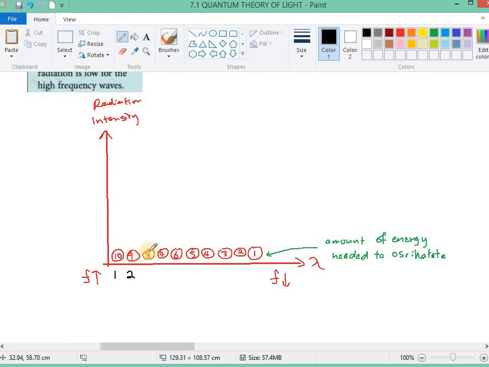And then the particle that gets 8 joule, you have 3. This one 7 joule, you have 4 particles. You have 5 particles that get 6 joule. 6 particles that get 5 joule, and so on. So that means the particle that gets a little bit of energy is at the highest number. Get the idea?